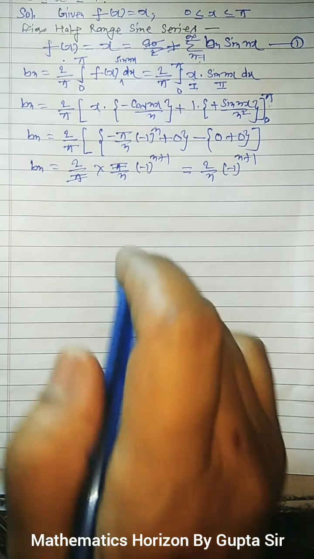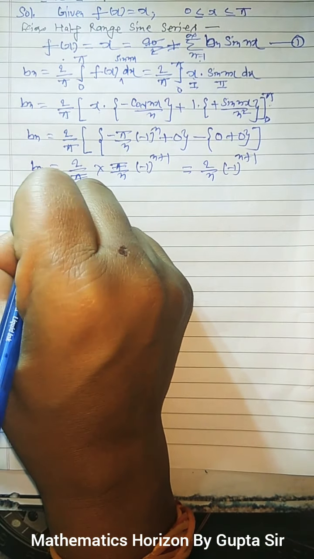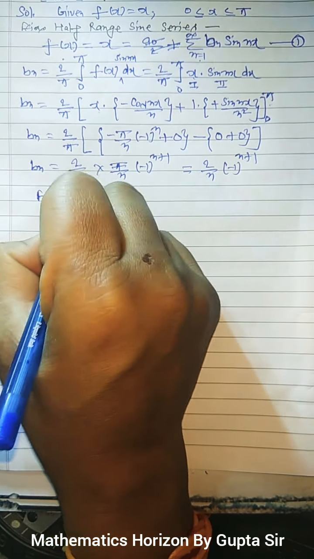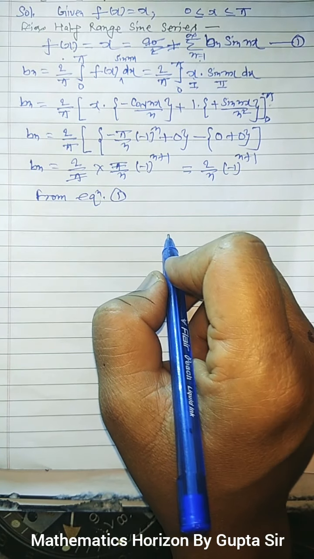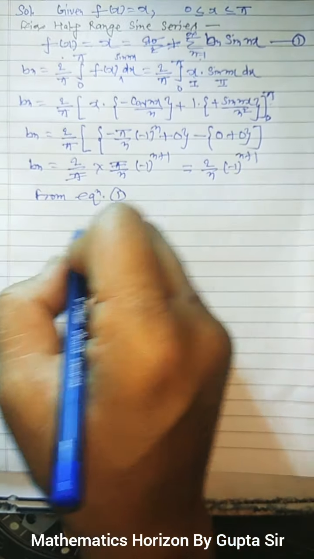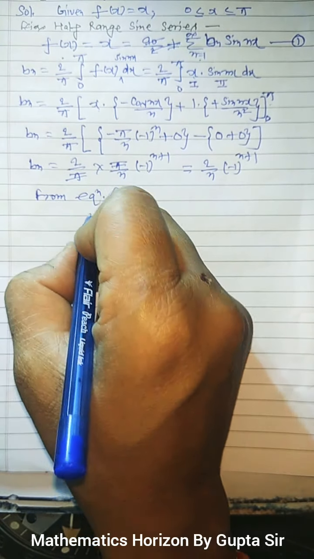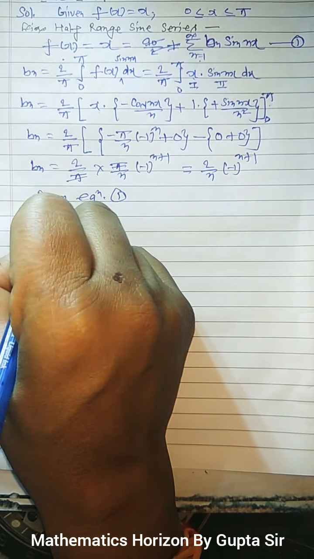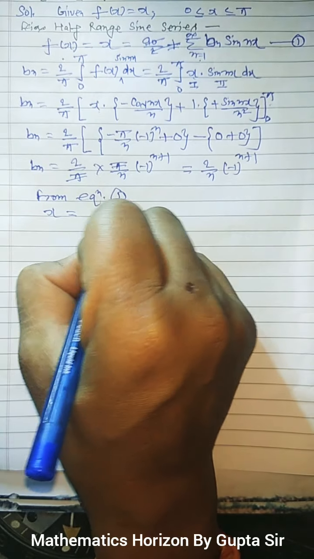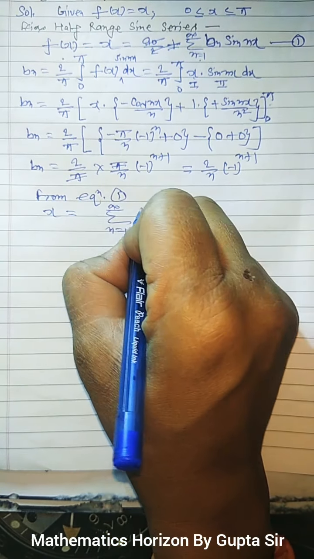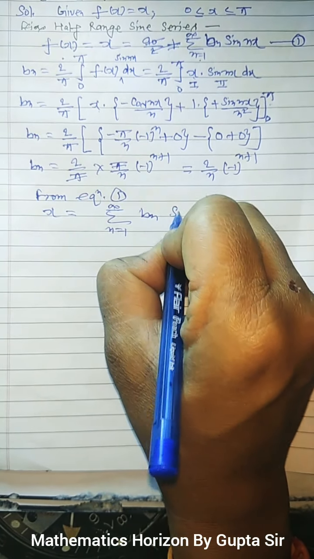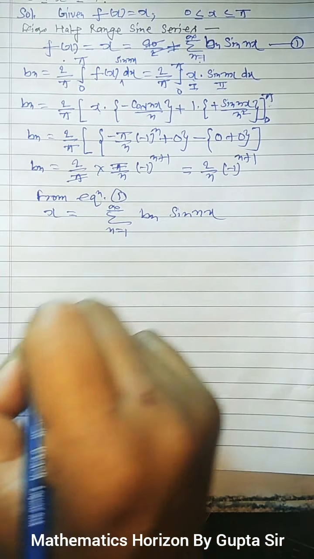Okay. Now from equation 1, we know that x equal to summation n equal to 1 to infinity Bn sine nx.